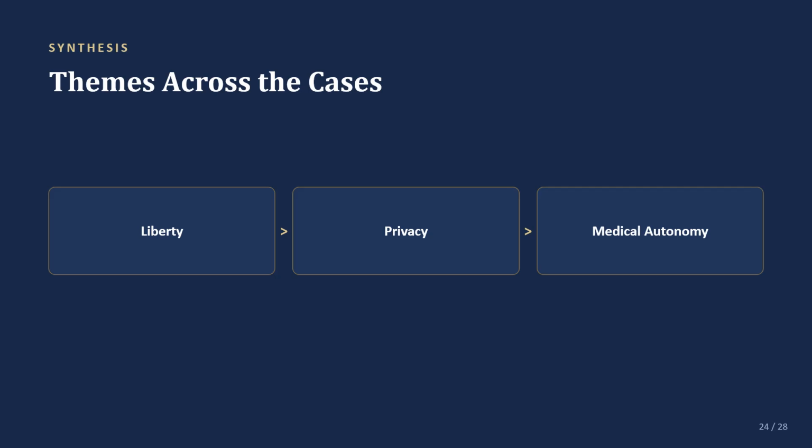So Roe extended it to the abortion decision. Casey narrowed but preserved that extension. Dobbs eliminated it as a matter of federal constitutional law entirely. Cruzan extended the chain to the right to refuse treatment. Glucksberg and Vacco declined to extend it further to the right to assisted death.